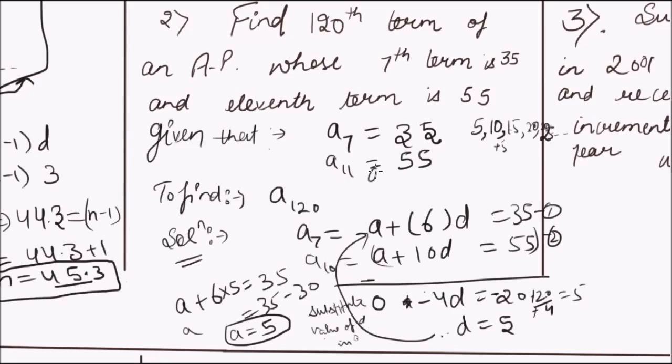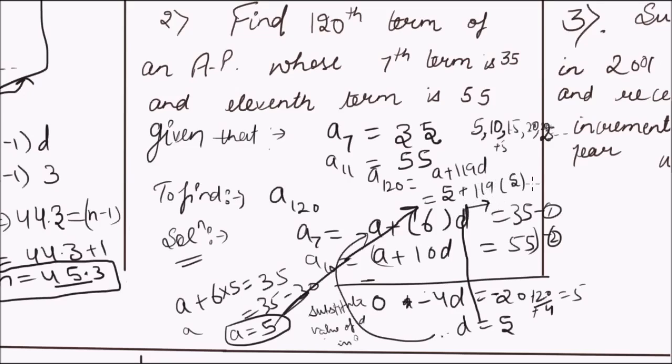So a_120 will be a plus 119d, that is 5, which is a, plus 119 into d, which is 5.